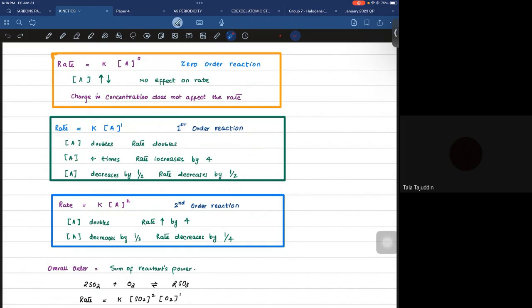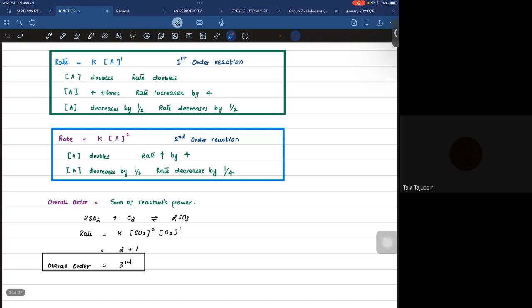So this is the first order reaction. And for a second order reaction, raised to the power 2, if you double the concentration, the rate would increase by 4 because this is power 2. This is the relation that we would be building up during the question.